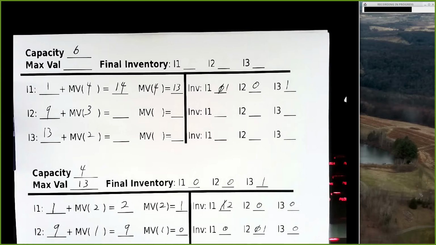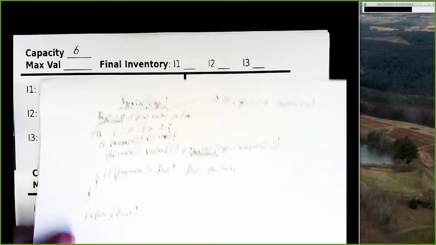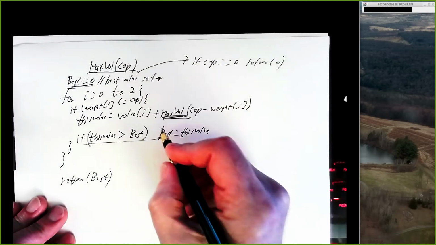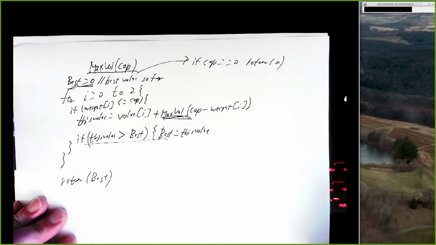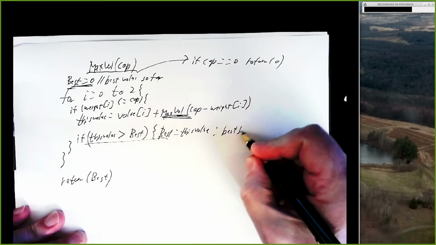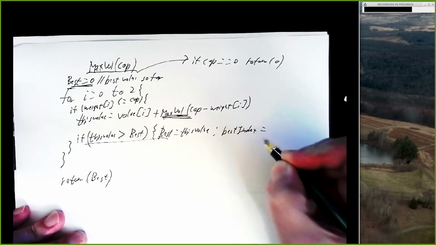So to increment the inventory in the array, would you just do a series of if statements, like if the value that you're adding to the recursive statement is 1, then increment this one, or... Yeah, so as you go through this loop, every time you find an item that's giving you your best value, just remember what the index of that item is, so best index equals i.